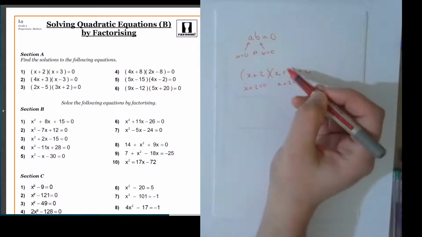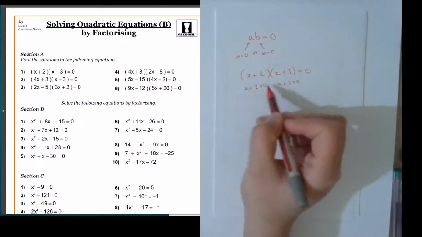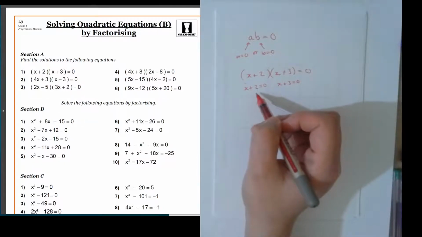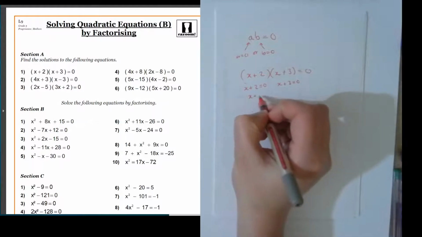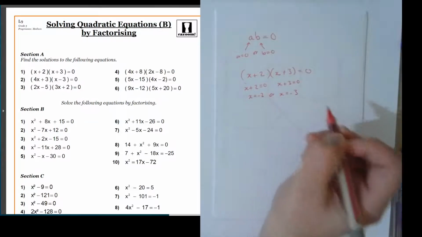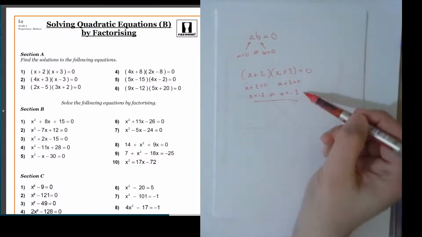Just using this analogy, this is my a, this is my b. This wouldn't be me solving it though, because I've got the variable and the actual number on this side. So I would say x equals minus 2 or x equals minus 3. Does that make sense?